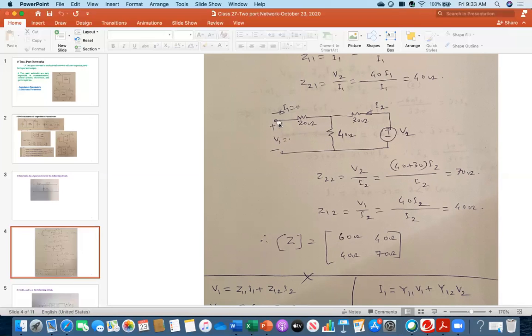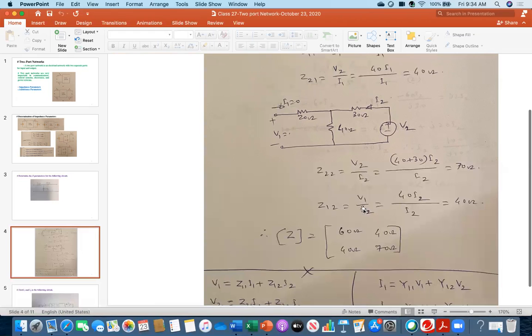But how do you get that? The current I2 is flowing through the 40. So 40 multiplied by I2 will be your V1 here. I have written V1 as 40 multiplied by I2, and then in the denominator I2 cancels, and I got 40.